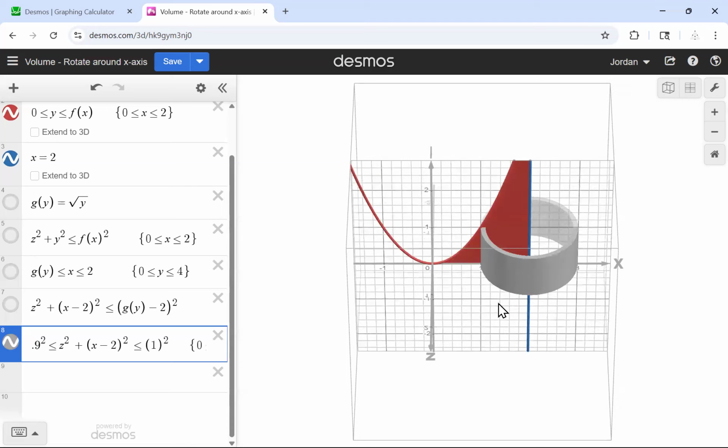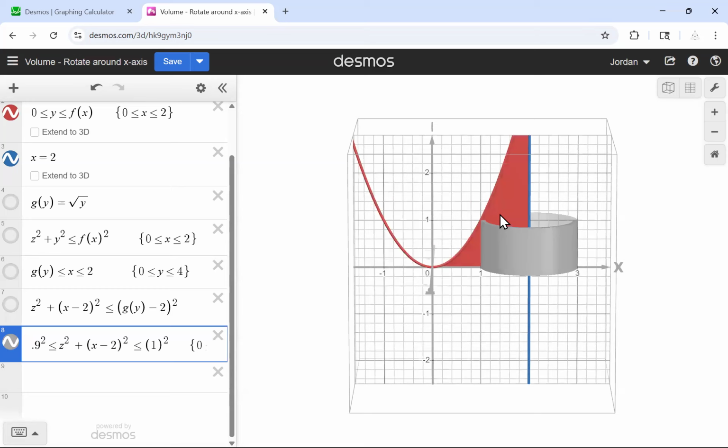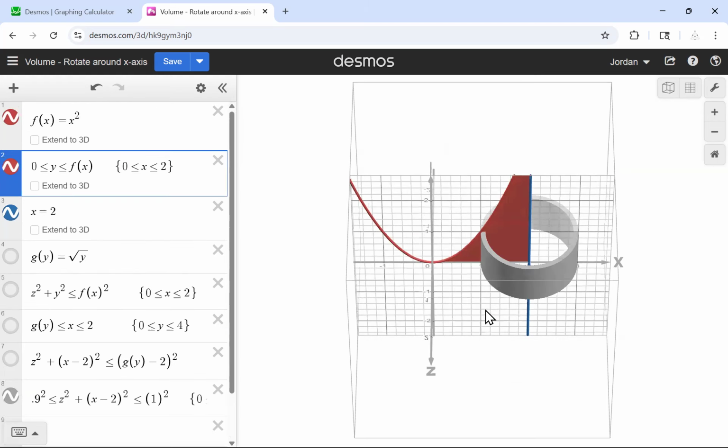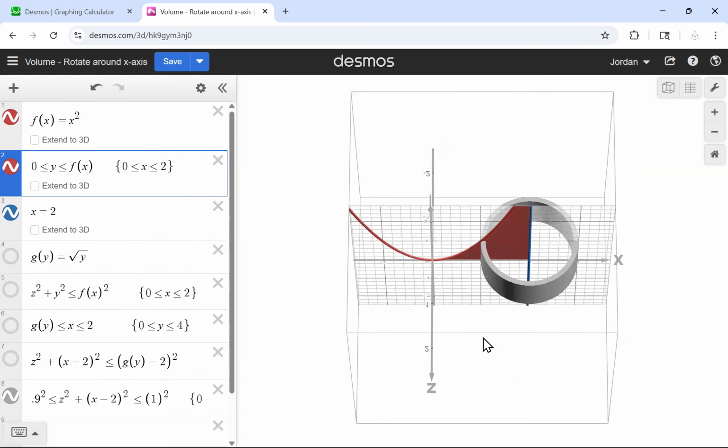And the radius goes from some arbitrary x value down to the line we're rotating it around. So this is one of many cylinders that I'm using to approximate. And then I let the limit as the thickness goes to 0 make all of these cylinders thinner and thinner, and better and better approximations turn out that way.